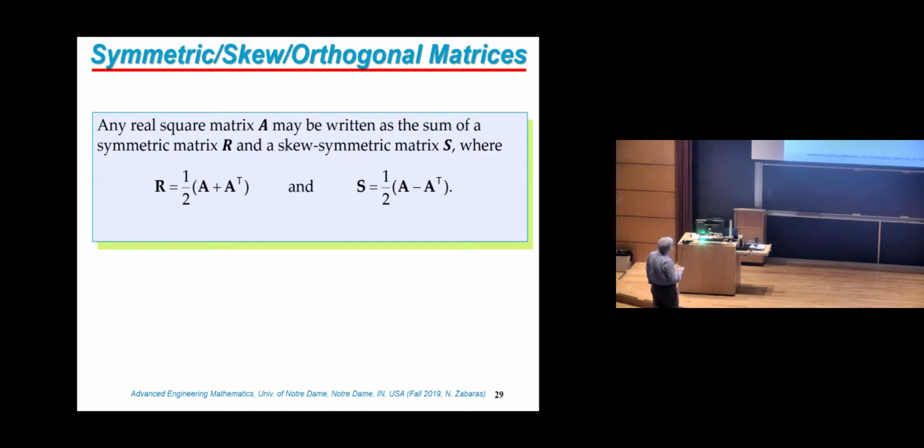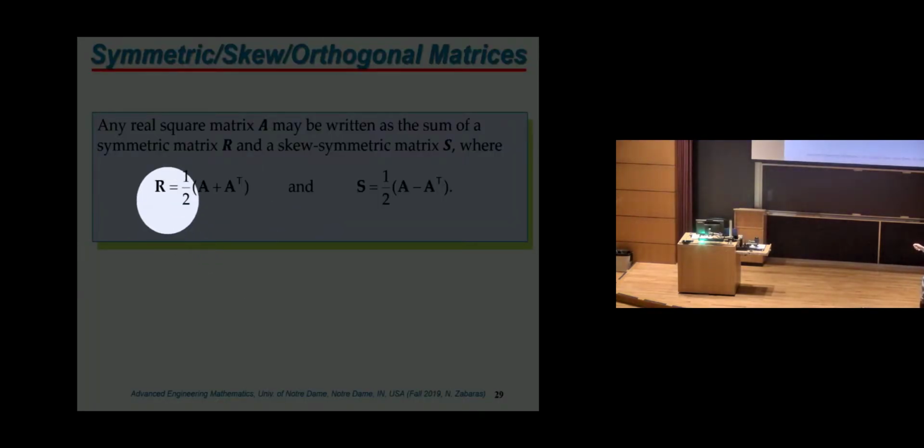And you may say, who cares about symmetric? We care about symmetric because life is easy, but let me just say that in principle, every matrix of real numbers can be written as the sum of a symmetric matrix and an anti-symmetric matrix, okay?